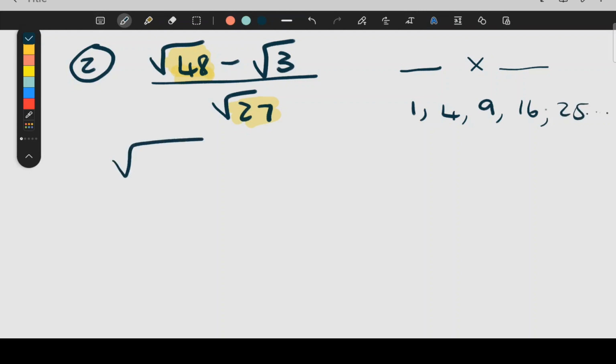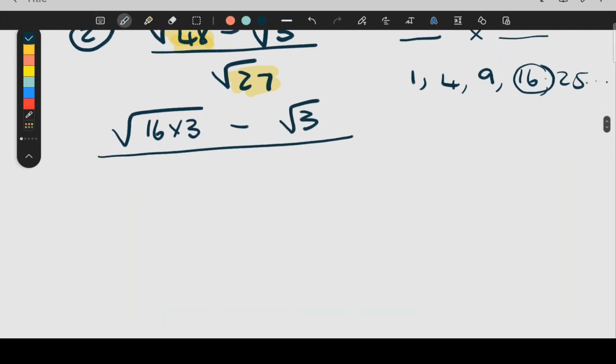The square root of 48 can be written as 16 times 3, minus root 3 stays root 3, over 27 can be written as 9 times 3.